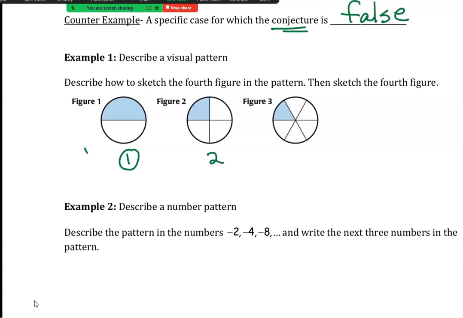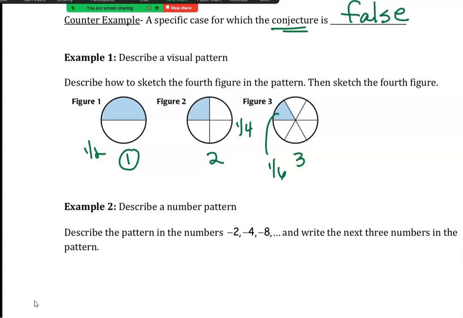So here I've colored in a half, here I've colored in a quarter, and then continuing, I'm going to put 1, 2, 3 lines and color in one section. So I have 3 lines and I've colored in one section. In this case, it's 1/6.